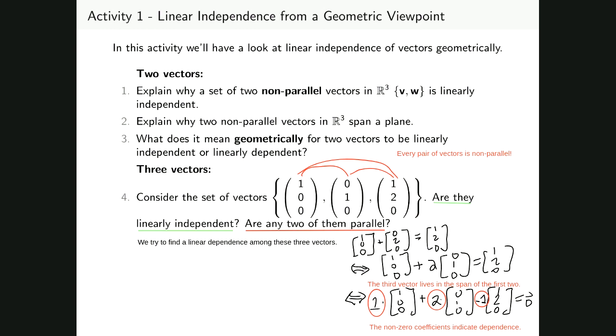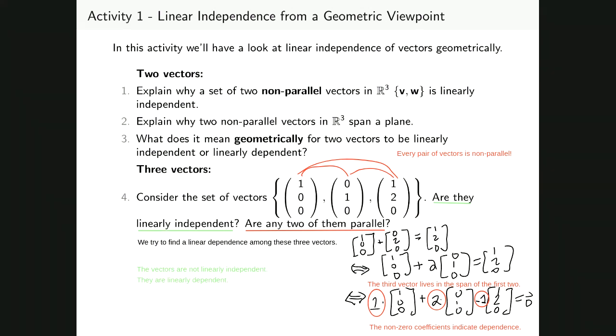No. The vectors are not linearly independent; they are linearly dependent. Okay, very good.